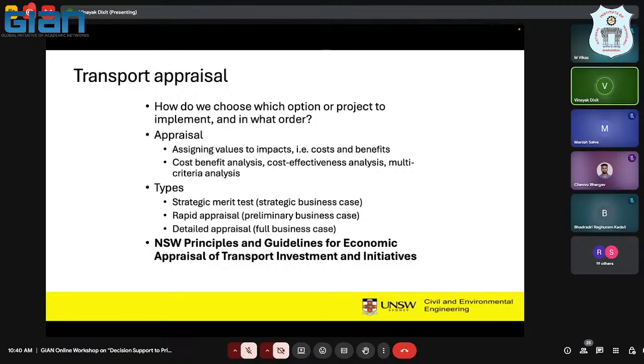People end up spending millions of dollars developing a model and then doing an assessment. So there's an aspect of doing a rapid appraisal and culling the options which you might not want to do.